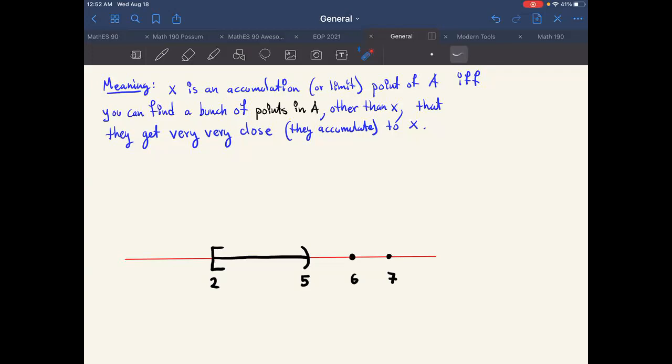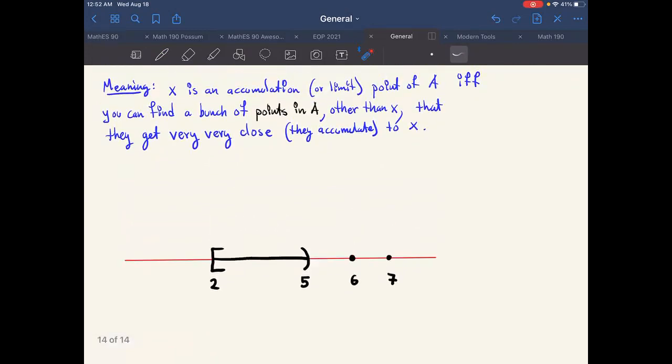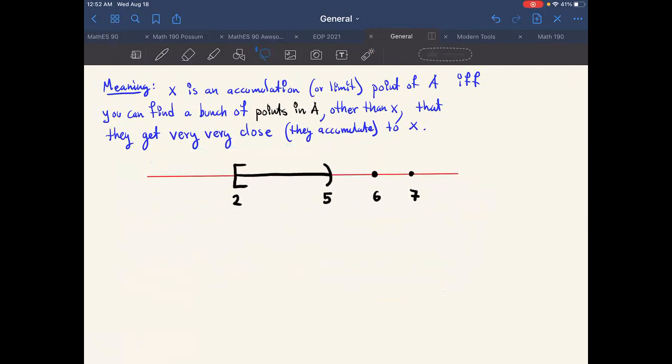So for instance, let's go ahead and move this a little bit to the top, and let's put a line right here.